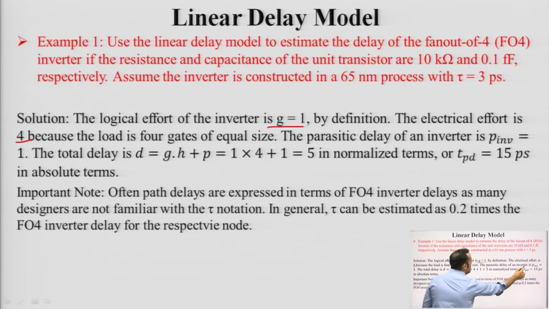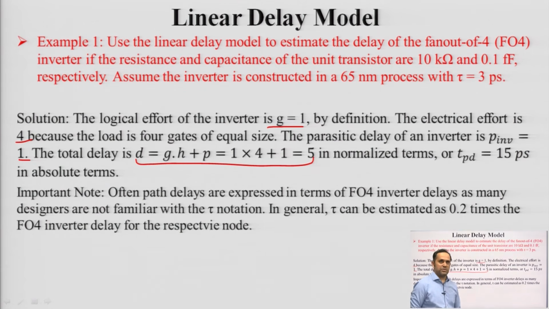The parasitic delay of the inverter is also equal to 1, the normalized parasitic delay 3RC divided by 3RC. So, the total normalized delay according to the linear delay model, which is D equal to G dot H plus P, is going to be equal to 5 in normalized terms. I multiply it with the value of tau, which is given as 3 picoseconds. So, the total propagation delay as per this model I am getting as 15 picoseconds.